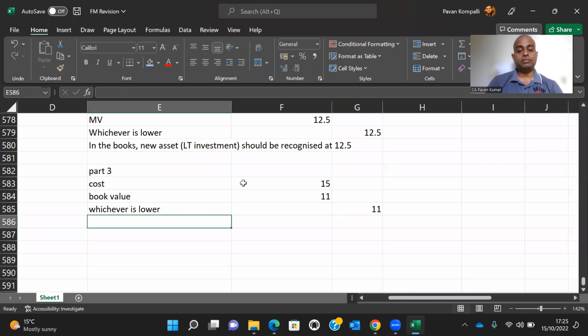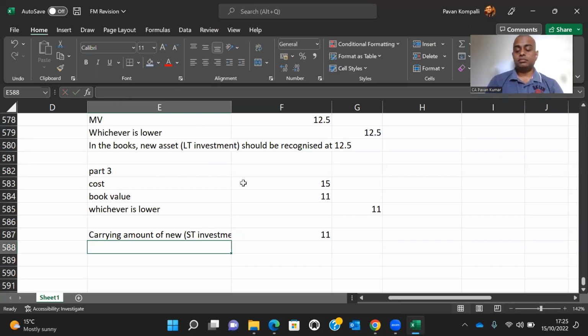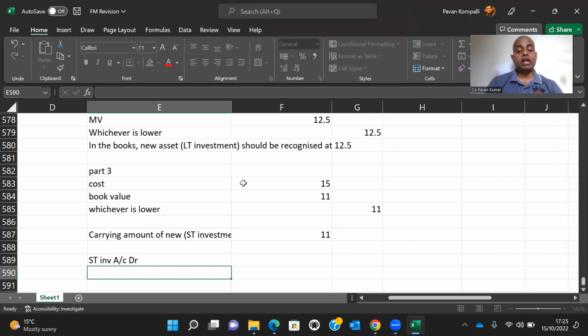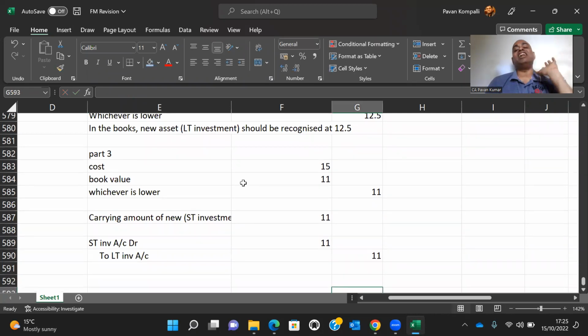You need to take 11. So what will be the carrying amount of the new asset, short term investment? 11, sir. So what will be the journal entry? Short term investment account debit to long term investment account. P&L will not come into the picture because in your books it is already there at 11.